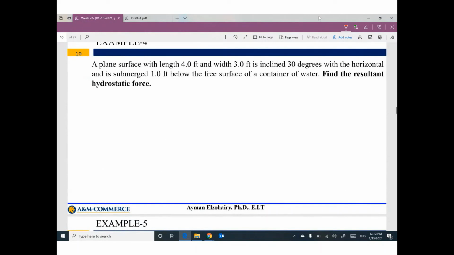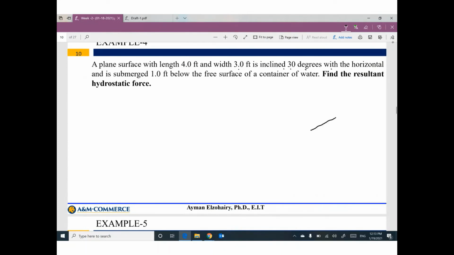One more example. We have a plane surface with length 4 feet and width 3 feet, inclined 30 degrees with the horizontal and submerged 1 foot below the free surface of a container of water.